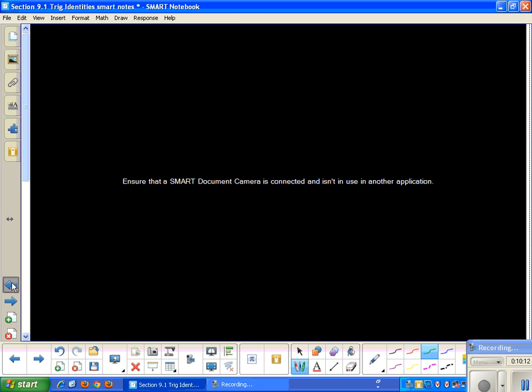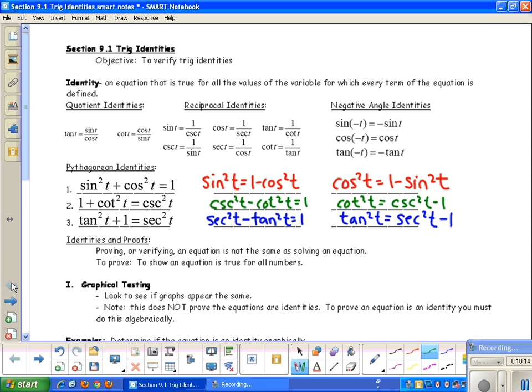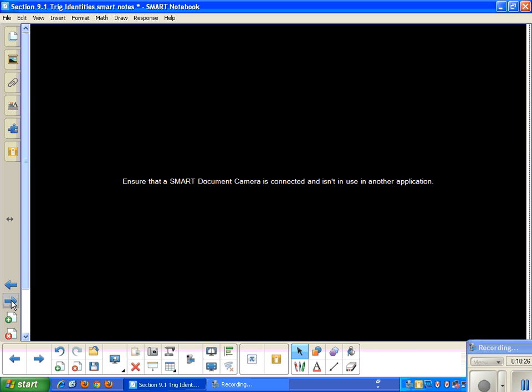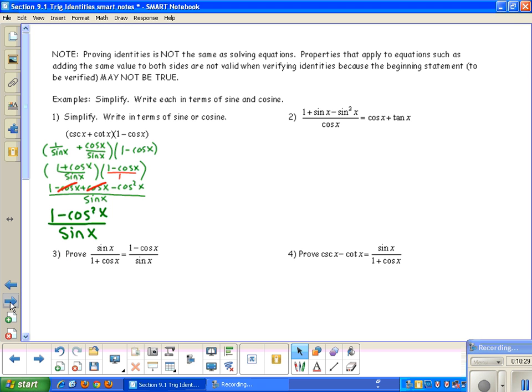So if I go back to my identities and I look at them, notice that 1 minus cosine squared t is really right here, the sine squared t, so I can replace that with sine squared t in my equation, which is what I'm going to do. So in my equation, I get sine squared x over sine x, because remember 1 minus cosine squared x is really sine squared x.